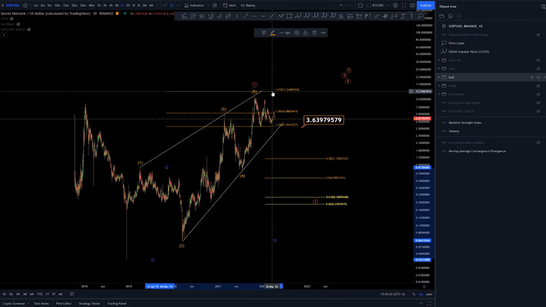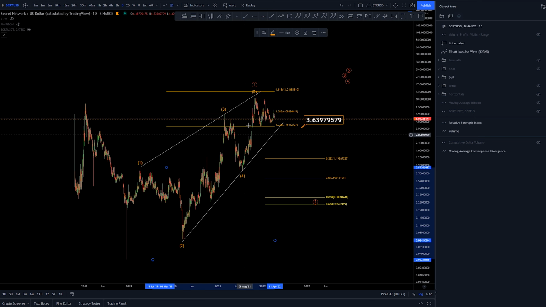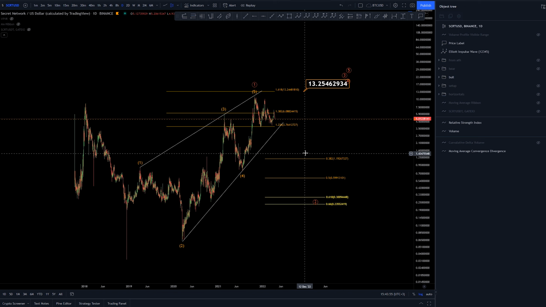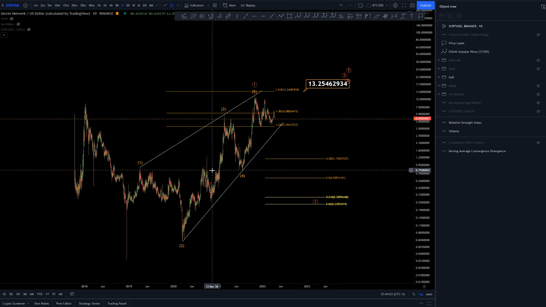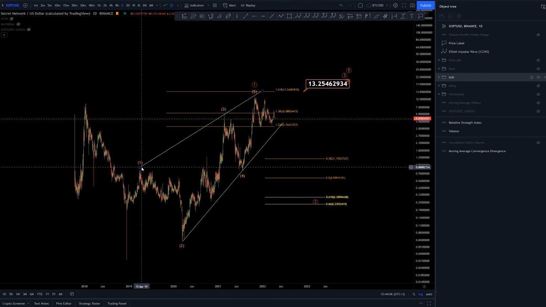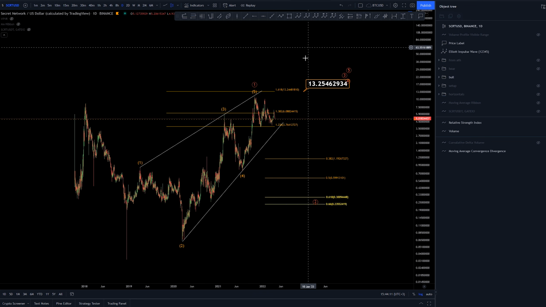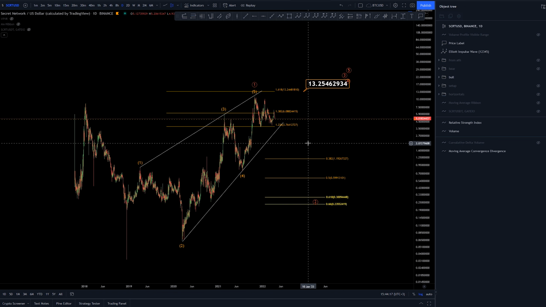Also, the Fibonacci extension from the 0, 1, 2 brings 1.618 here at the $13.24 area, and that still hasn't hit, which means that this is most likely not really impulsive, unless we are of course building some kind of 1, 2, 1, 2, 1, 2 before launching. That is another possibility, but I haven't included it here. But that's definitely something to keep in mind as well.